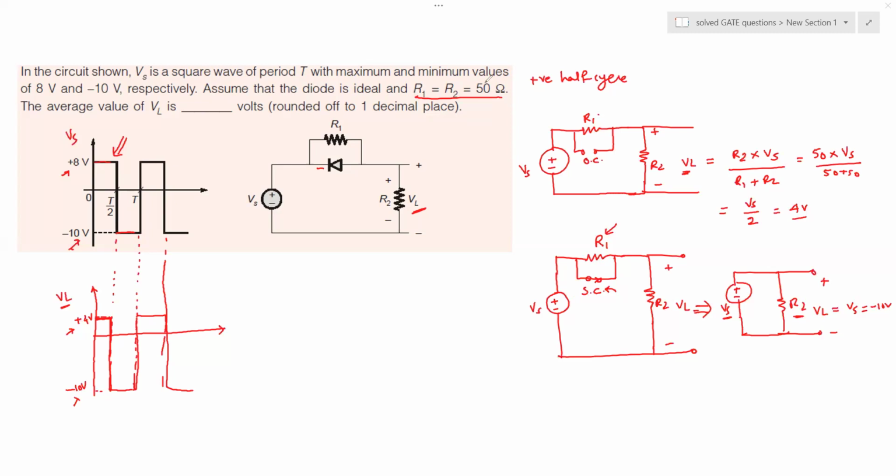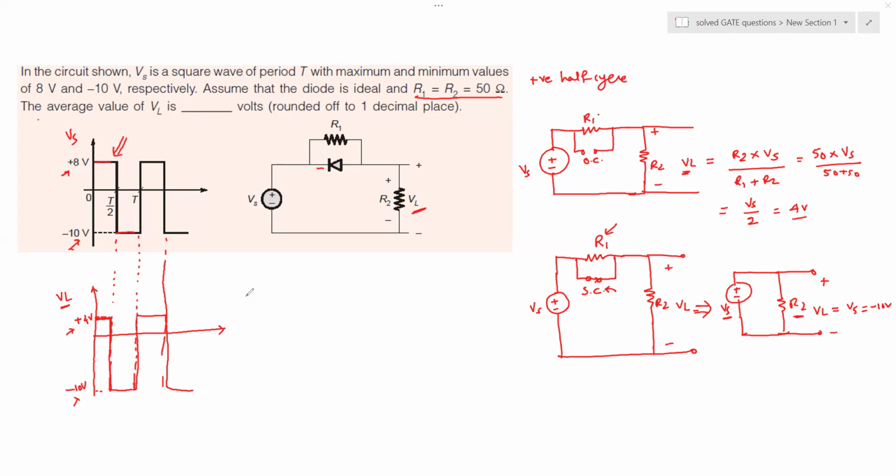Now, the question here is we have to calculate the average value actually. So how do we compute the average value of the output signal VL?